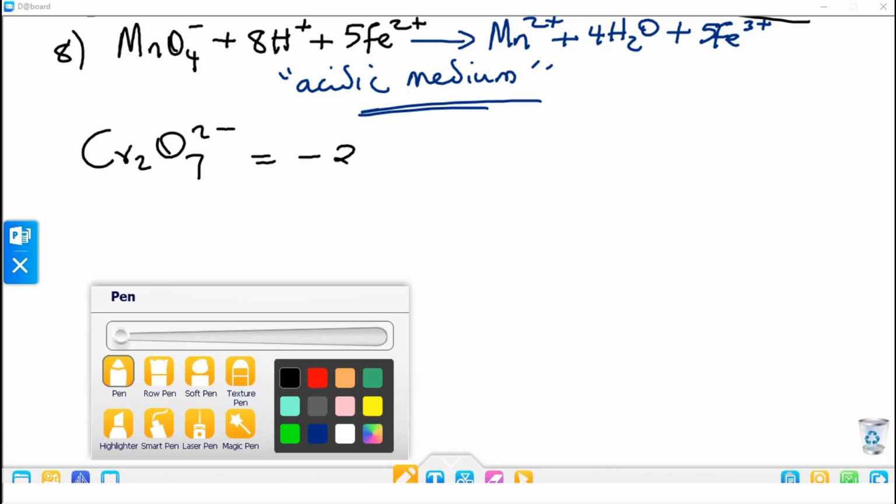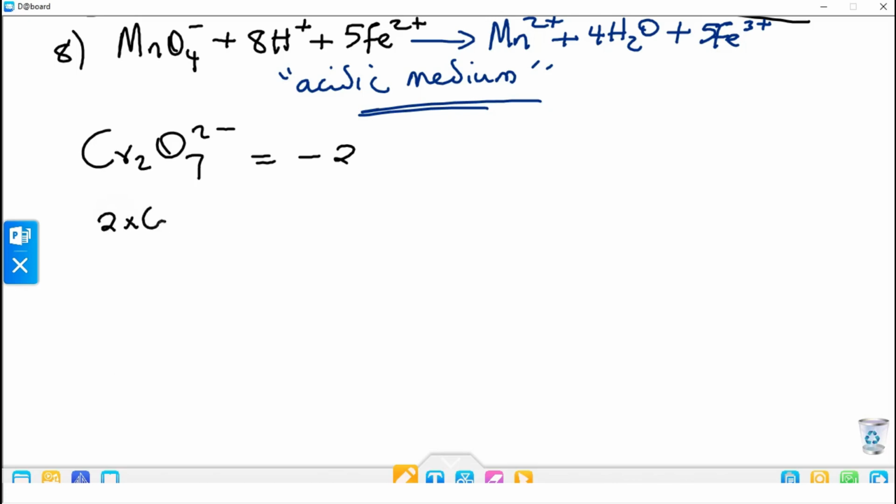oxidation state ought to be calculated for. So we know that chromium, since chromium is unknown, is going to be 2 times Cr for chromium. Since it's chromium we're looking for, then plus oxygen is -2, but there are 7 oxygen atoms there. So it's going to be -2 times 7, and then everything equals -2.